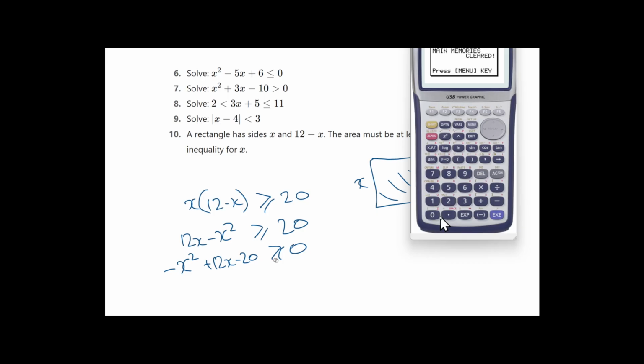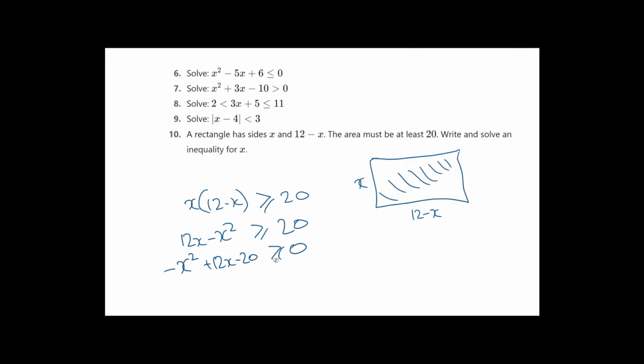Although if we multiply both through by negative 1, okay, I'm going to play around with it. I'm going to multiply both sides by negative 1. And I'm going to get x squared minus 12x plus 20, and when we multiply both sides by a negative number, that has to flip, and now it becomes manageable.